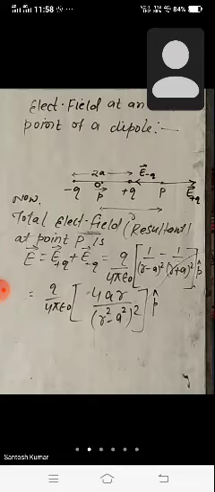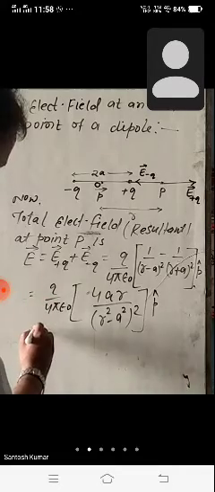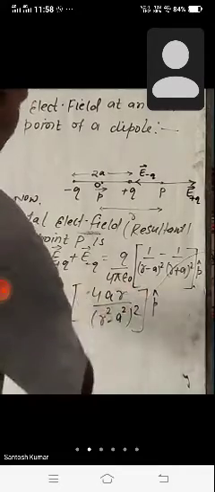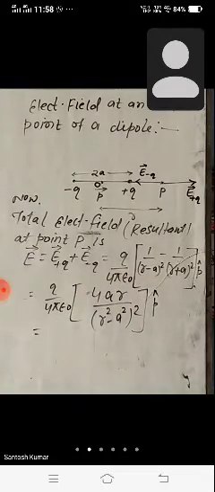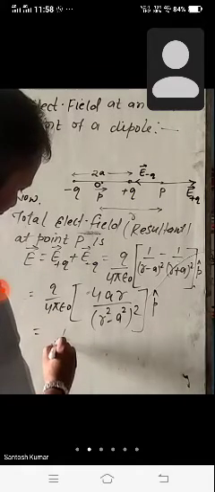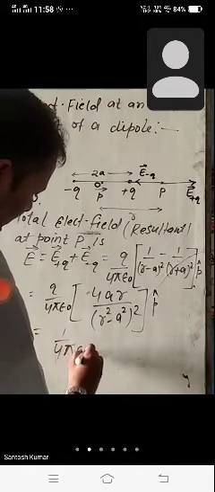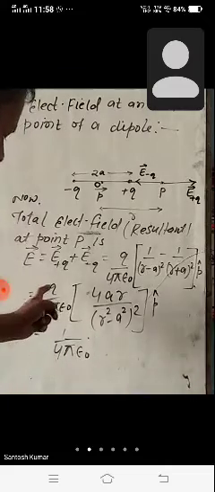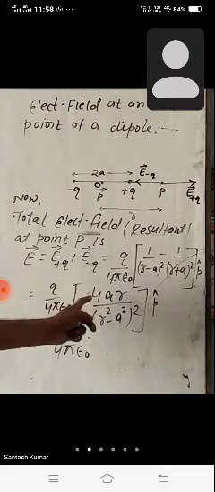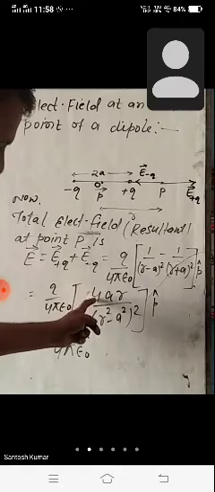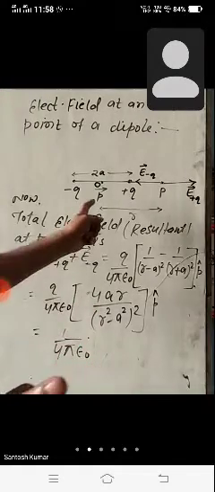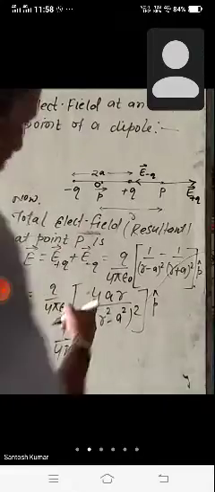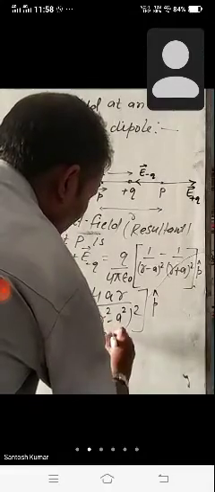So now come. We are just combining together. All the terms I am going to combine together. So what will happen? Just see. 1 by 4 pi epsilon naught. This Q. 2, just take common. 2AQ. 2AQ is dipole moment P. So it will be simply 2PR.